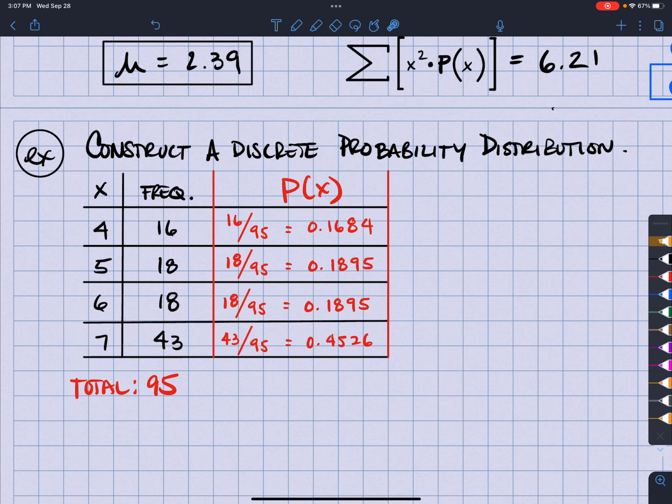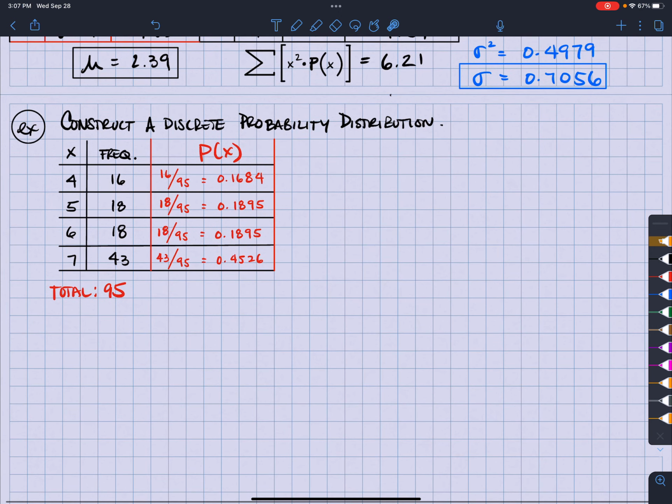That's number 1. Number 2, and it's always good to check. Let's go ahead and check that anyways. So let me see. 0.1684 plus 0.1895 plus 0.1895 plus 0.4526.